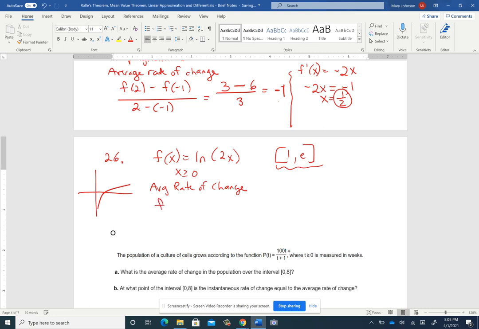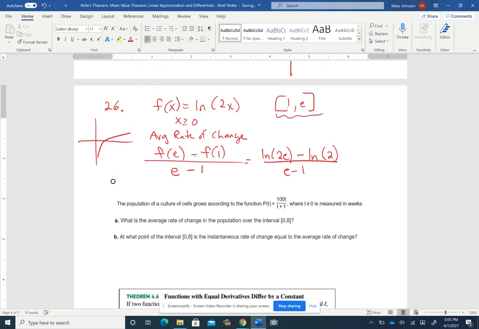You're going to do f of e minus f of 1, and then come down here and do the x values, which is e minus 1. So f of e would be ln of 2e, minus ln of 2 times 1, over e minus 1.